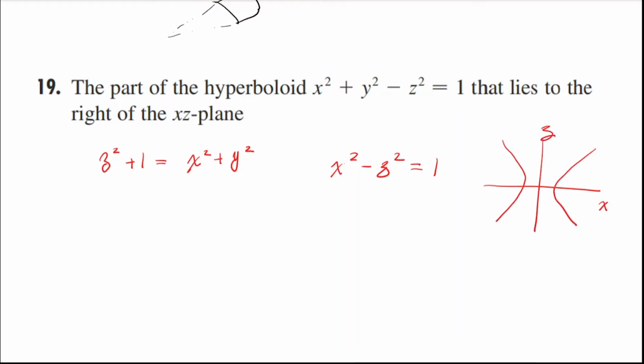How would you parameterize this then? This is the very first lesson I taught you at the beginning of the BC. There are two different ways to do it. At least if you can come up with one of the two, I'll be very happy.